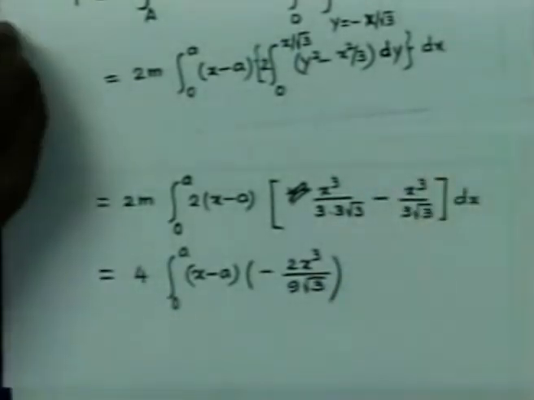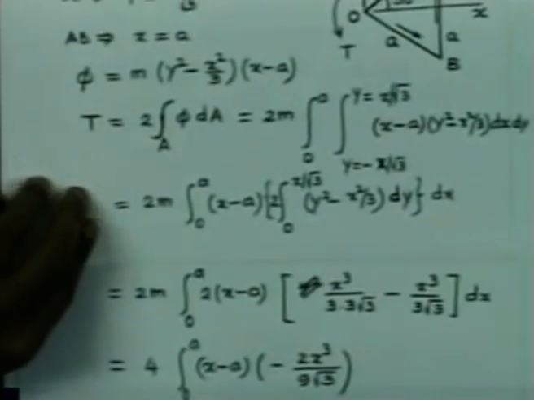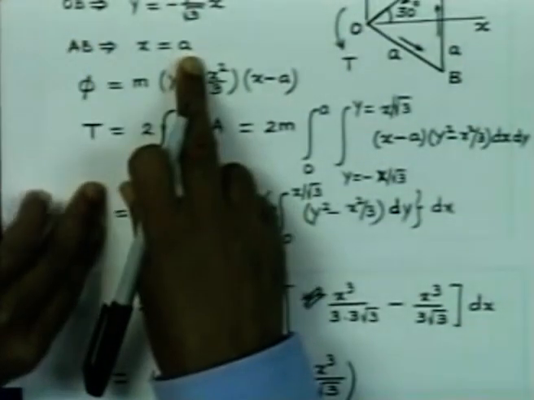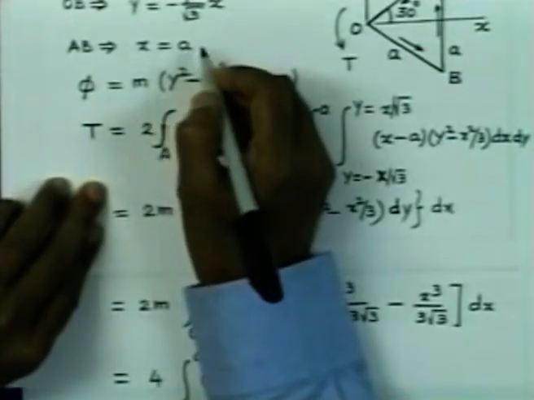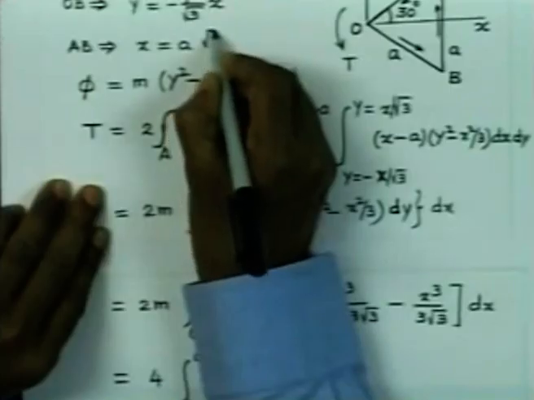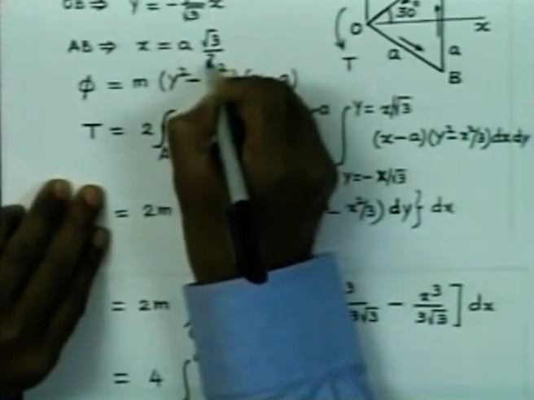Yes, I think we have some error introduced here. The equation of the line AB should be x minus root 3 by 2 a.